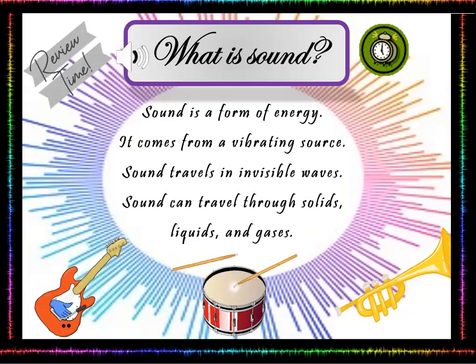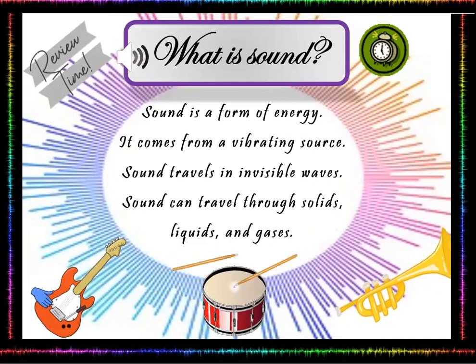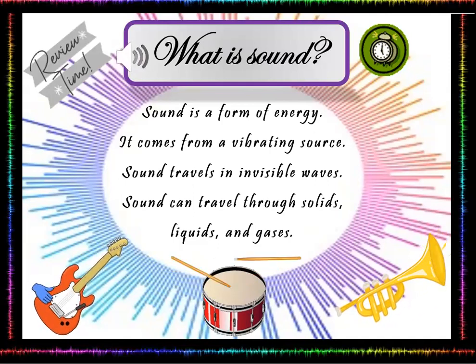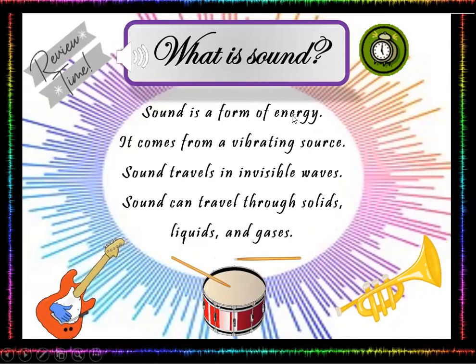When this happens, the particles are first pressed together and then they spread apart or expand again. Each particle passes its energy to the particle next to it. In this way, vibrations are passed from molecule to molecule. We call this movement a sound wave.